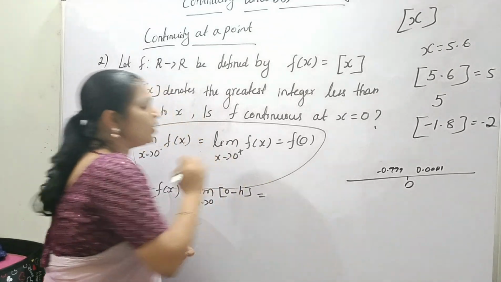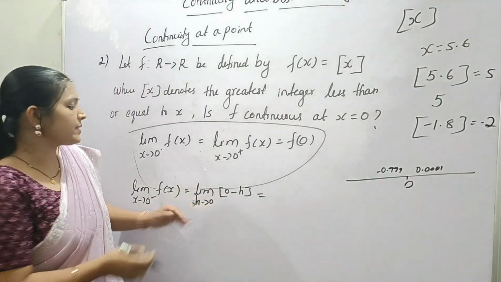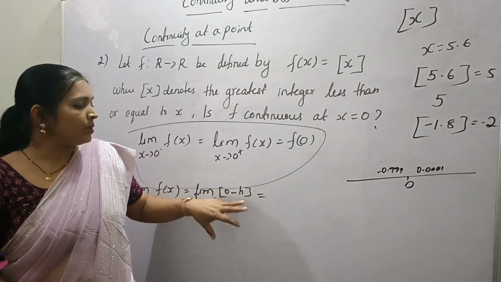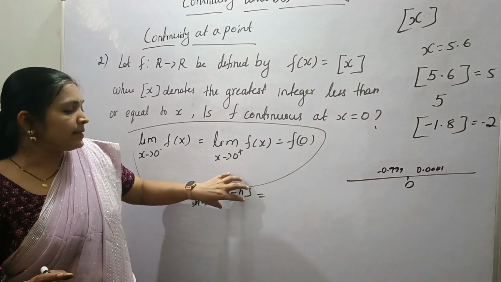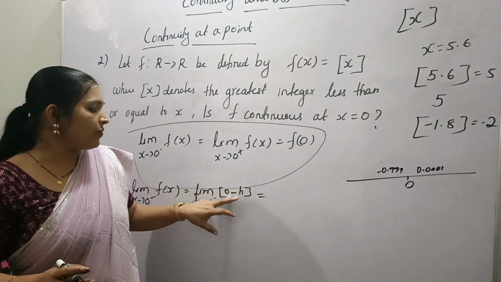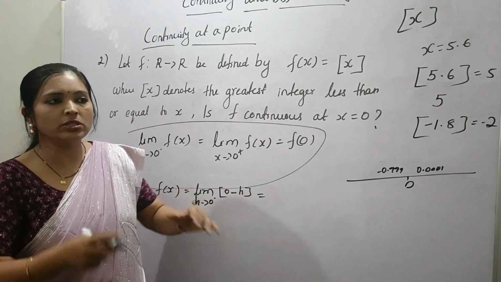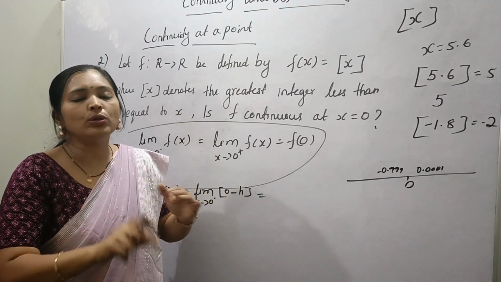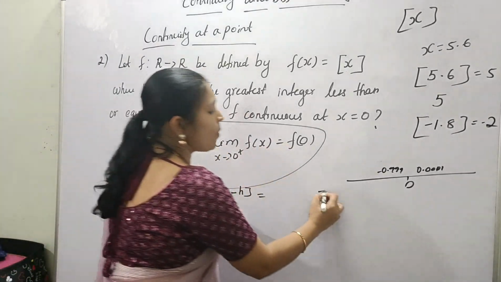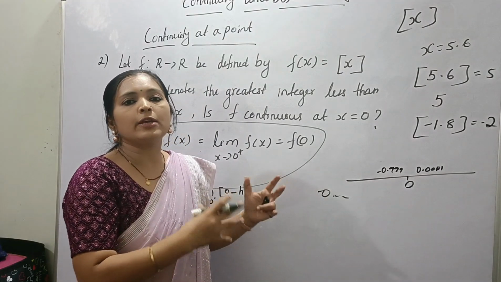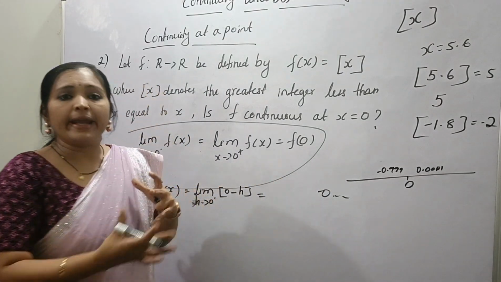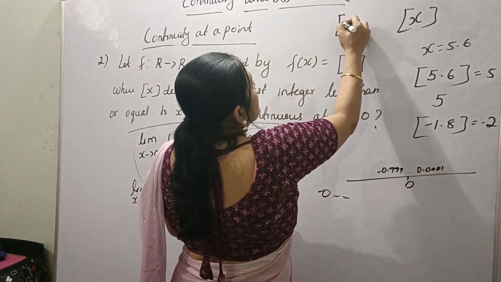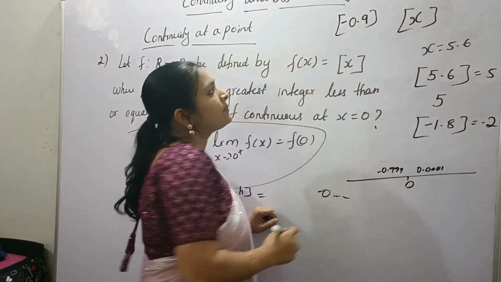Here h is a small value, and we need the greatest integer of a negative value, because 0 minus a small value will be minus 0 point something. So what is the greatest integer of minus 0.9?